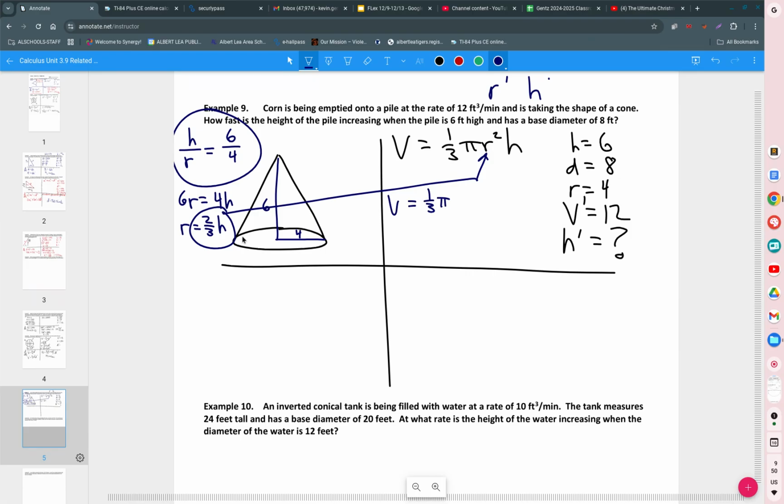I'm going to square the r value and get 4/9 h squared times h. And finally, if I multiply this, I have volume is equal to 4 pi over 27 h cubed.